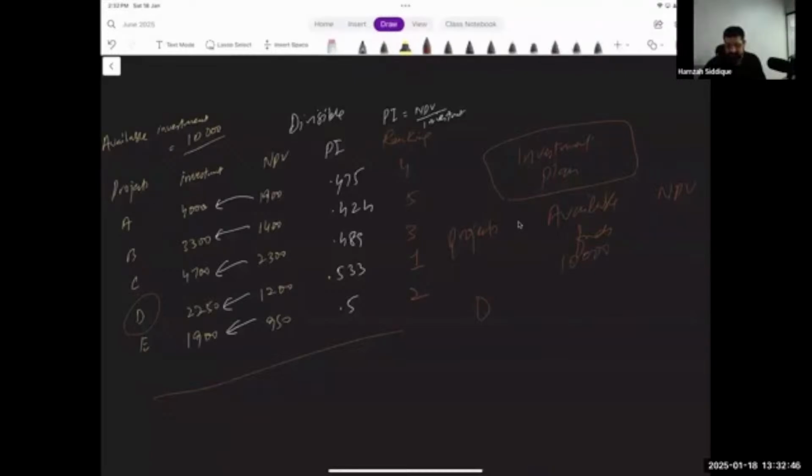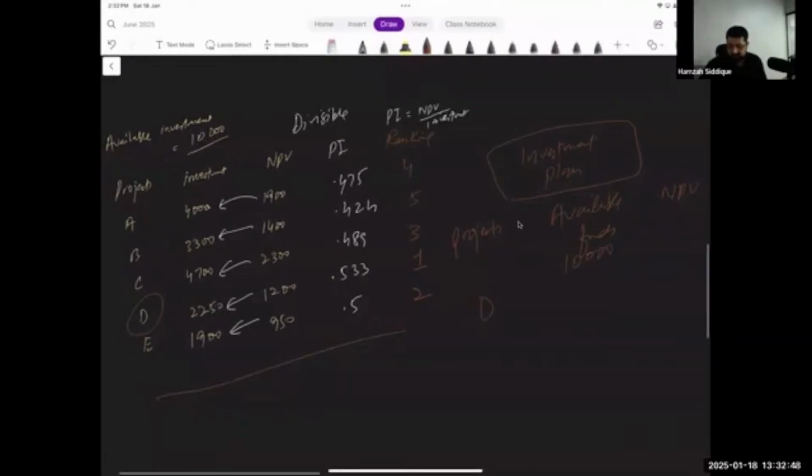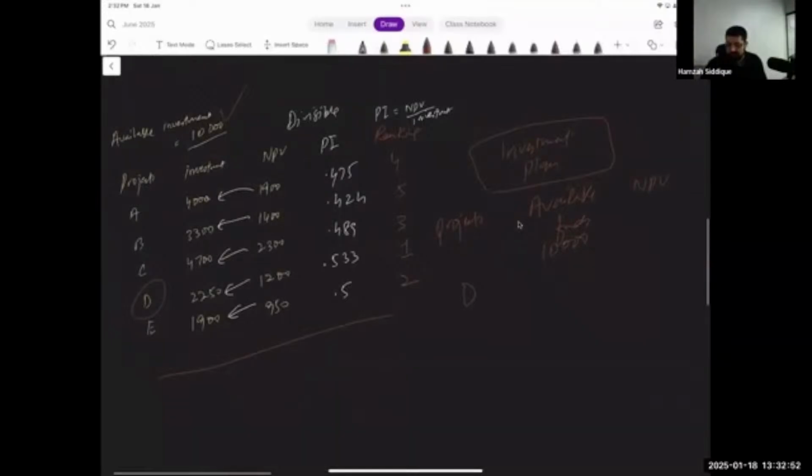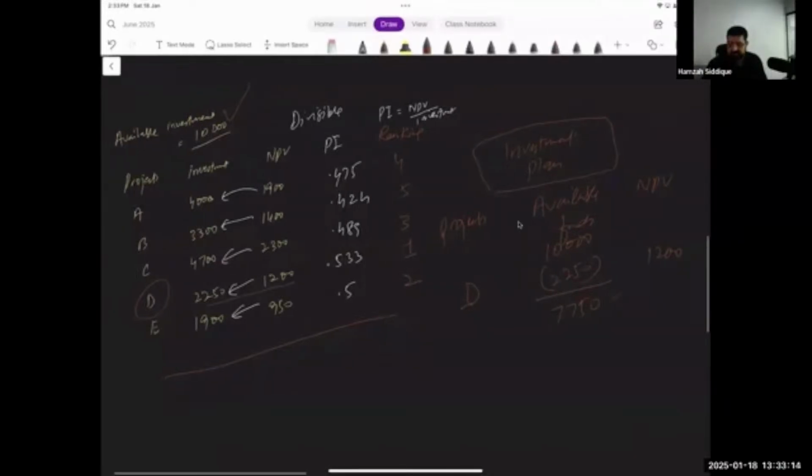So for project D, the investment is 2,250. That leaves 7,750 of available investment remaining. And the NPV earned will be 1,200.